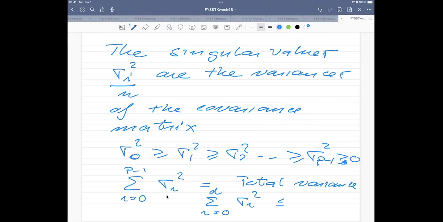So this could be, let's say, 95%. Or let's just put a specific value here, which we call a cutoff, and call this uppercase lambda. So this uppercase lambda could be us keeping 95% of the total variance.